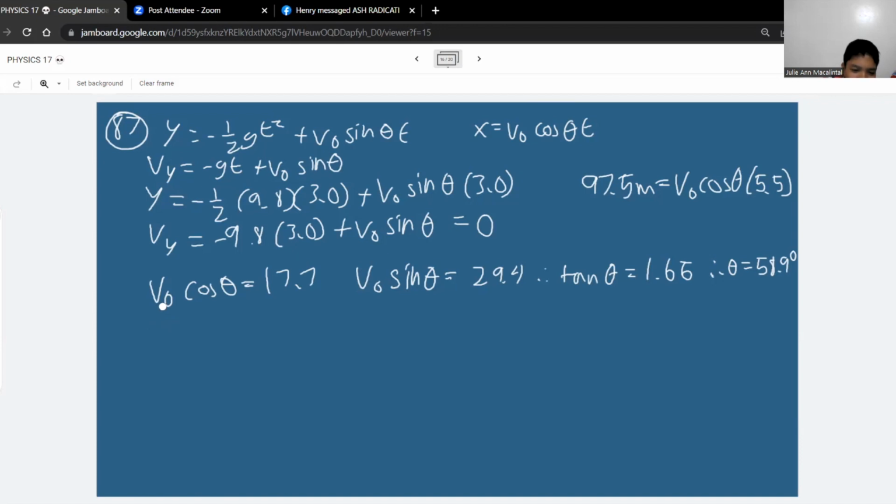Okay, so square both sides. So v0 squared is equal to 17.7 squared plus 29.4 squared.